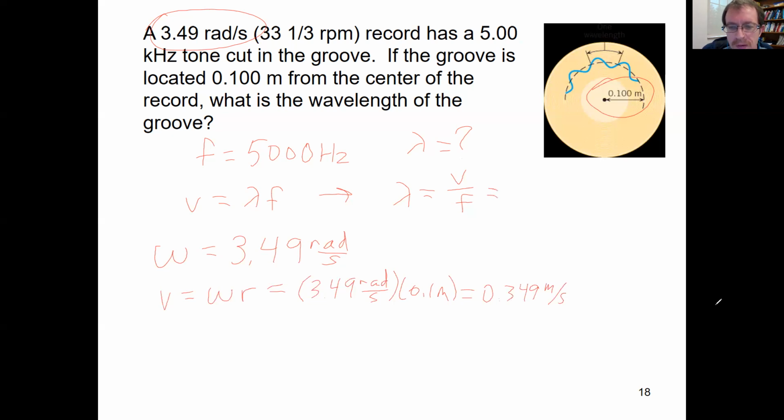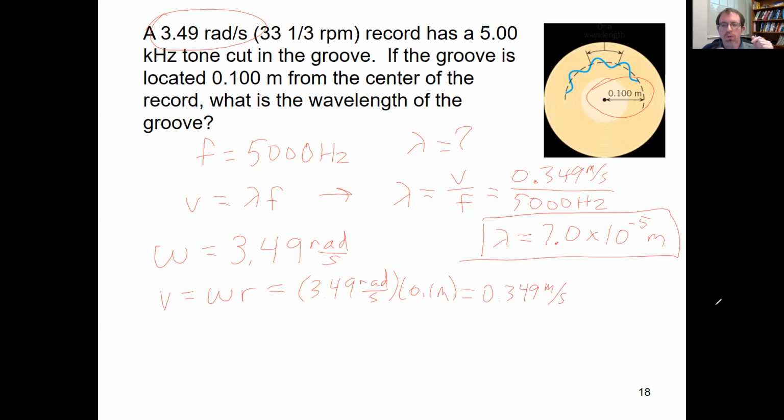I can then plug that into this equation up here, 0.349 meters per second, divided by my frequency of 5,000 hertz. And when I do this, I get a wavelength of about 7.0 times 10 to the -5 meters. Okay, so there we go.